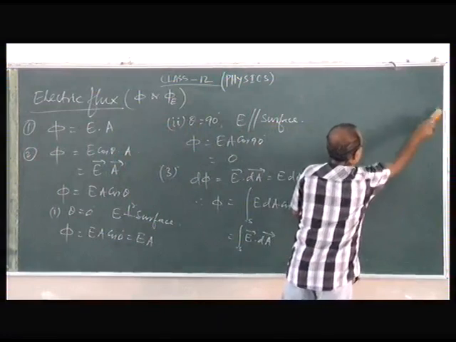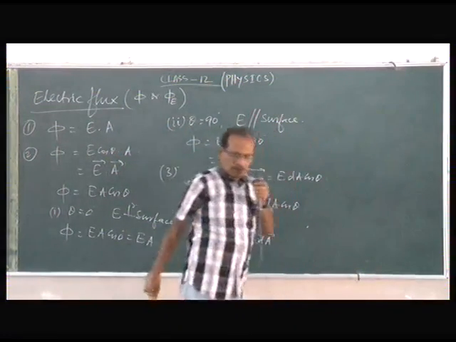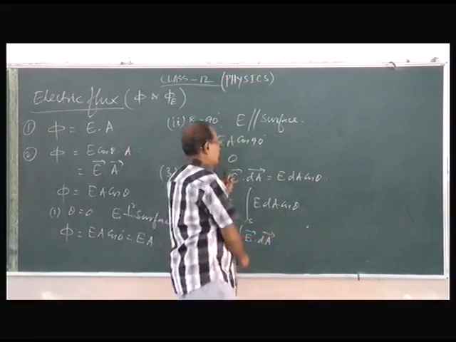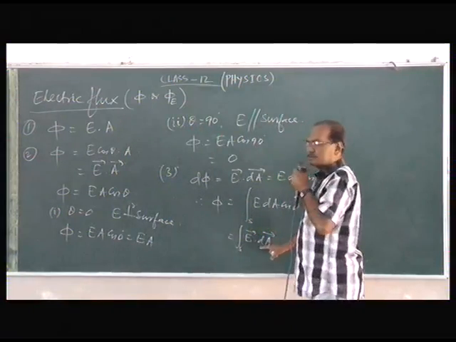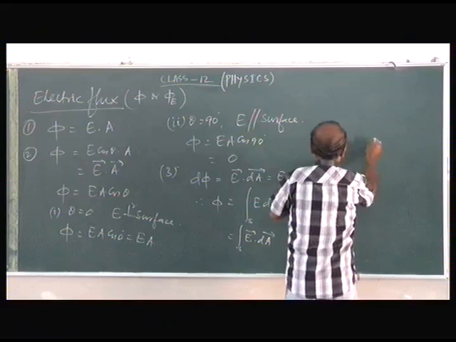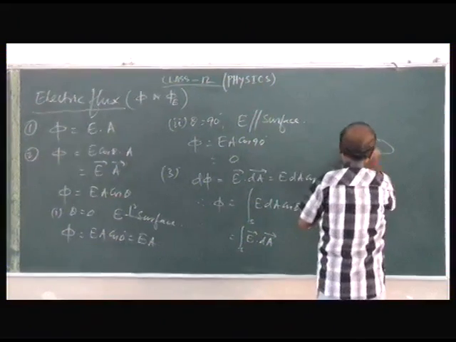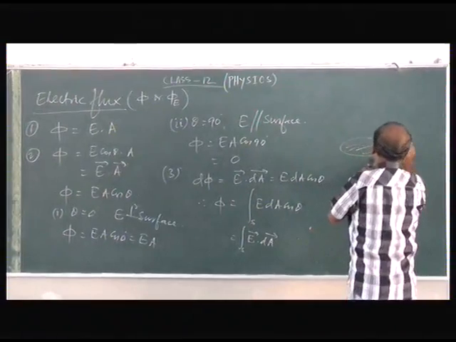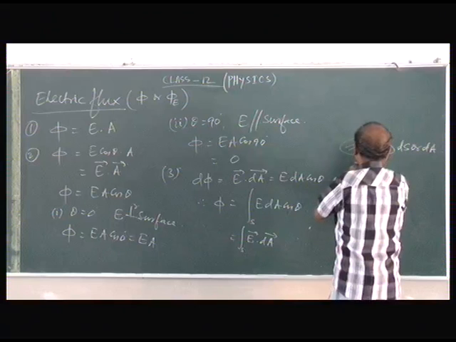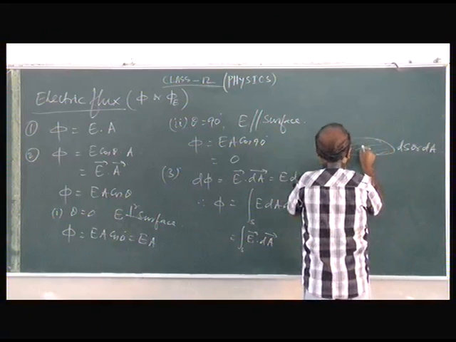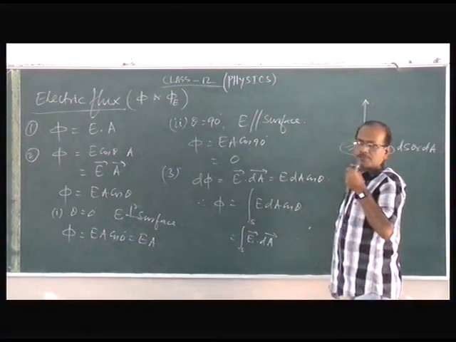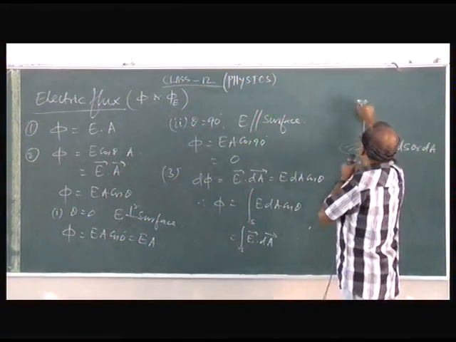Area vector, the vector nature of area, this is an important one, because here I have shown dA vector. Say this is any area, ds or dA. Its vector, the area vector, will be shown as outward normal to the surface.